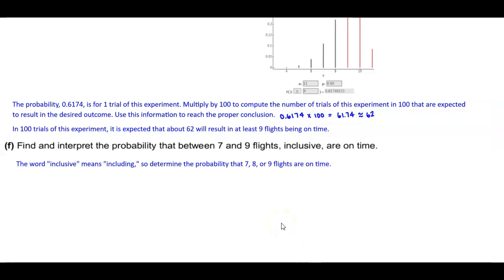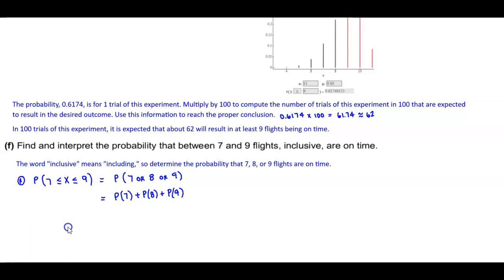So what that means is we're finding the probability that X is going to be in between 7 and 9, which means we're finding the probability of 7 or 8 or 9. So we're looking for the probability of 7 plus the probability of 8 plus the probability of 9. Okay? So let's go ahead and do that.